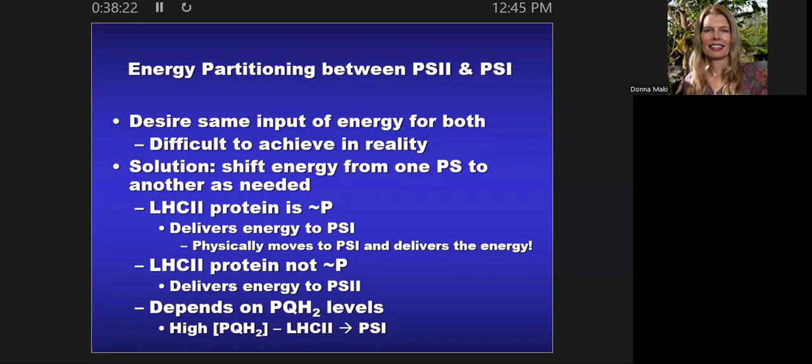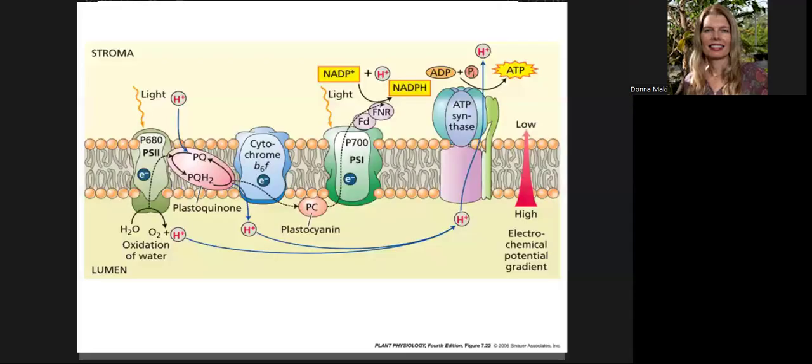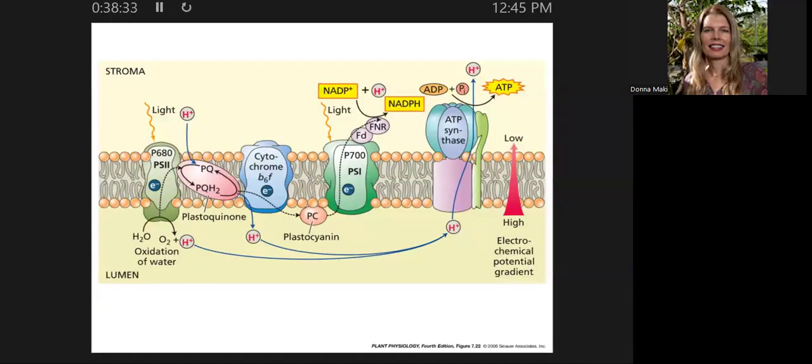How would that happen? If you have a lot of PQH2 building up, so what that's saying is things are cooking along quite nicely on this end of the photosynthesis.